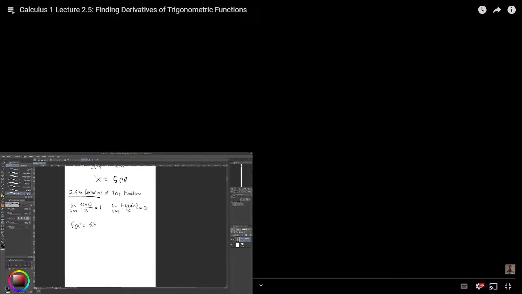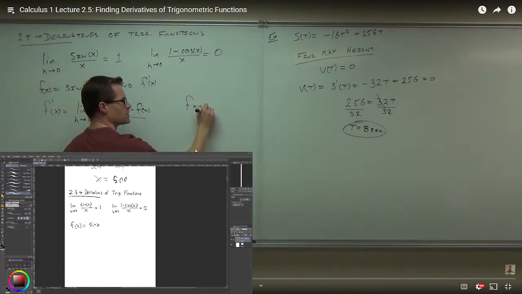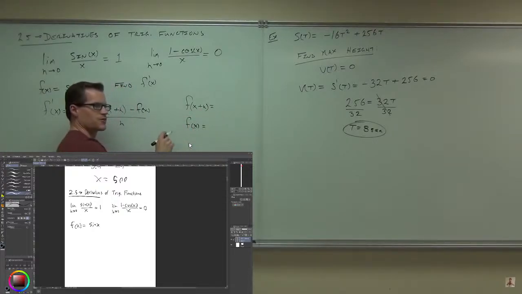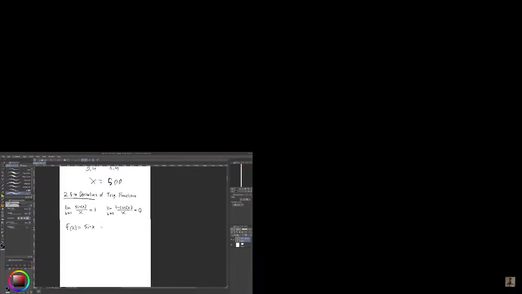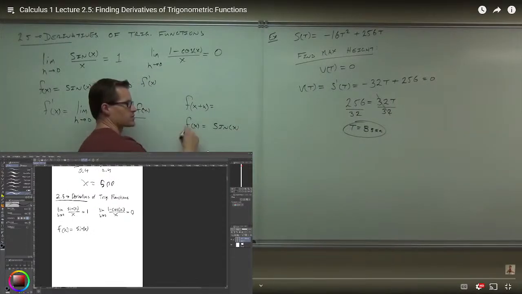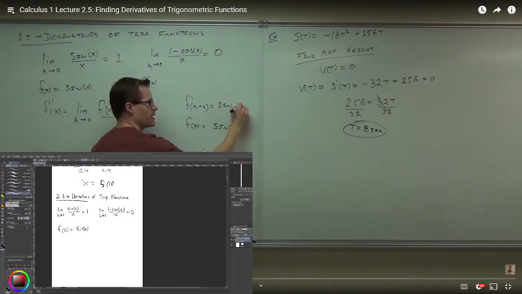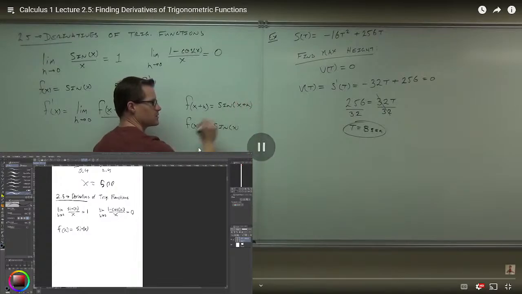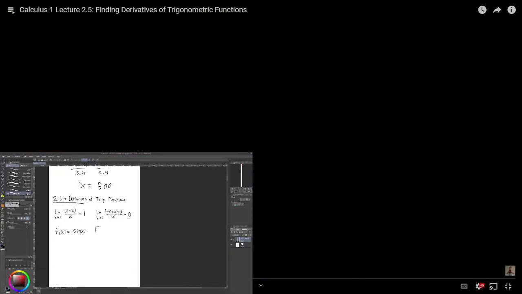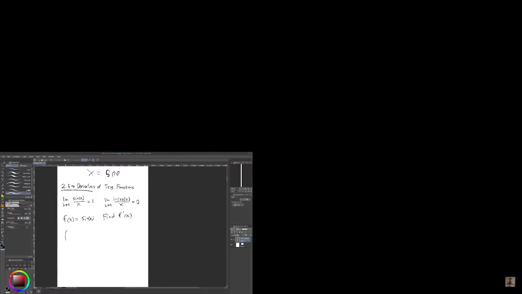But remember how I had to do f of x plus h and f of x? In our case here, can you verify that f of x would be sine x, and f of x plus h would be sine of x plus h? Are you okay with that so far? One thing you need to know when we're going through this, you can't separate this x plus h unless we can use a trig identity.